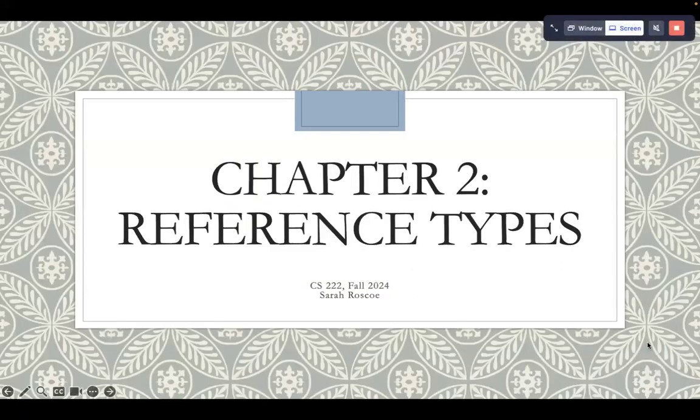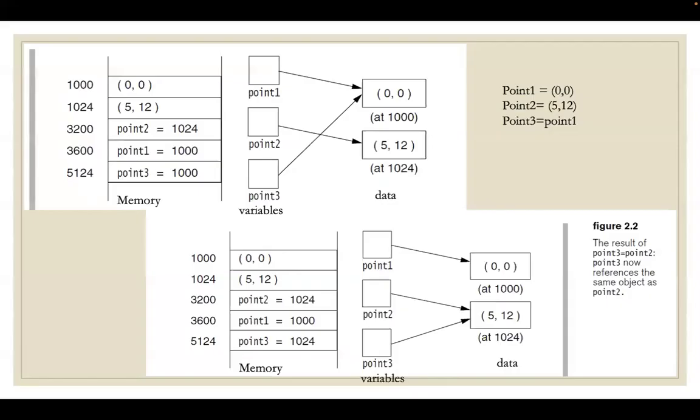So far we've been talking about primitive types. Those are the ints, the doubles, the chars, the booleans, the really simple types of variables. Now we're going to get into something a little bit more complicated, which we call reference types.